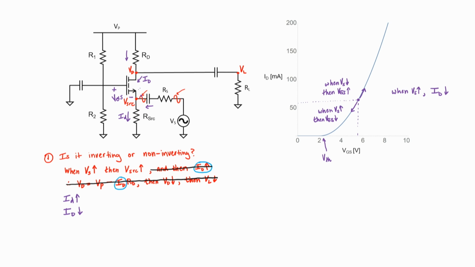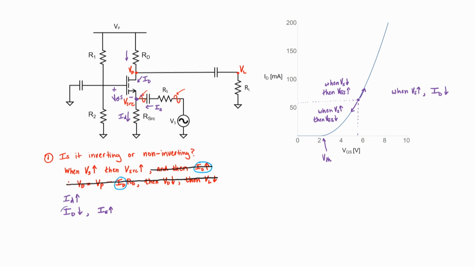From the Kirchhoff current law at this particular node, it means that all of the extra current needed to raise the source voltage when the signal voltage goes up has to come from the signal, not from the DC power supply. If I label it I sub S, it means that I sub S also has to increase.